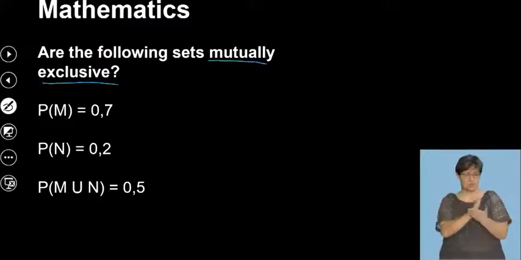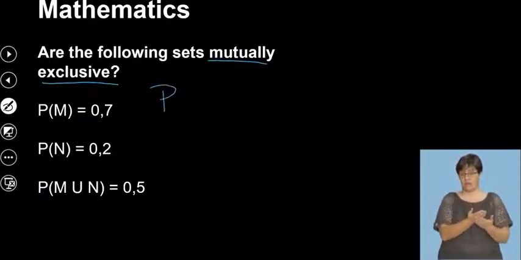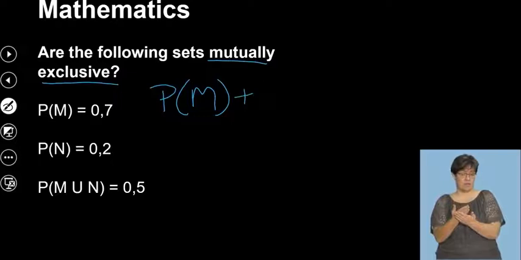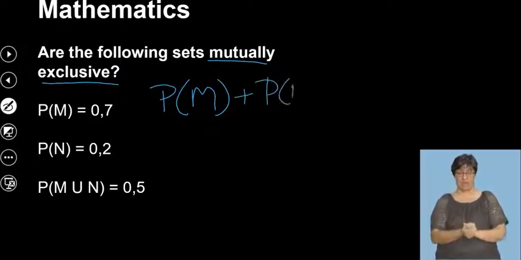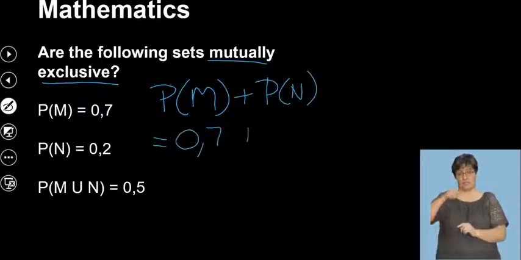So let's make sure that we've got this clear. For mutually exclusive sets, let's take the probability of M happening plus the probability of N happening, and that's 0,7 plus 0,2.